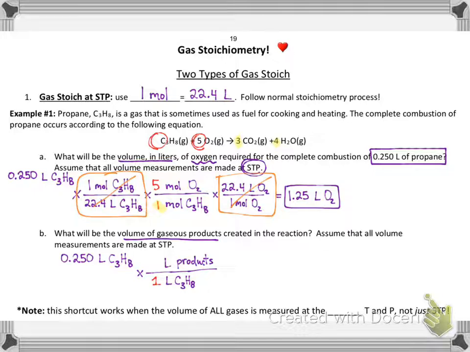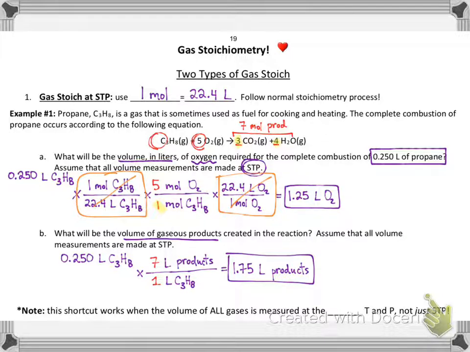So in total, that's 7 moles of gaseous products produced for every 1 mole of propane. So we have a 1 to 7 liter to liter ratio. And then the math is easy, 7 times 0.25. And we've produced 1.75 liters of products at these conditions.